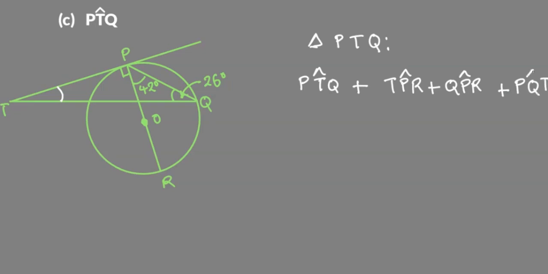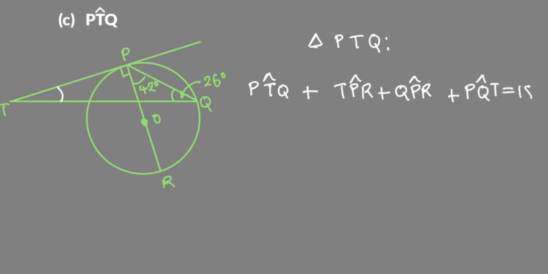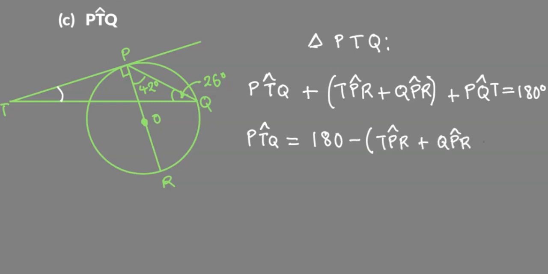The sum of these angles are going to give us 180. We don't have 4 angles in this triangle, we just have 3. This angle here is one angle, the angle that is at this vertex P. So PTQ is going to be equal to 180 minus all these other angles, TPR plus QPR and PQT.